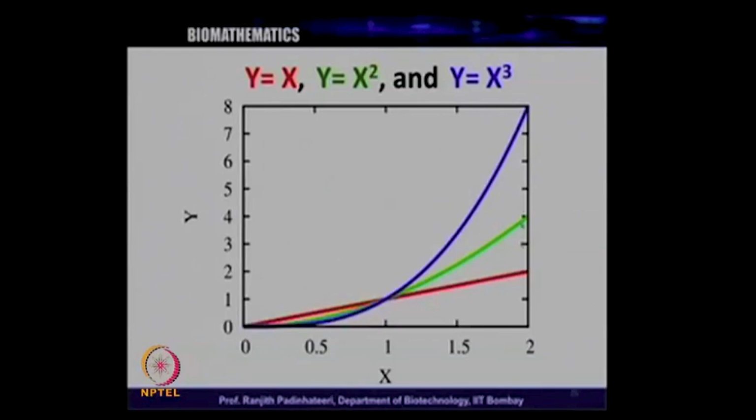For example, for the value 2 here, red has a value of 2 at x equal to 2, for y equal to x square it is 4, for x cube it is 8. The interesting thing you should note here is the way it grows much faster. When I say blue is growing faster, what does it mean?